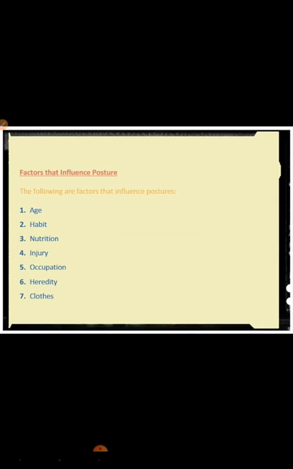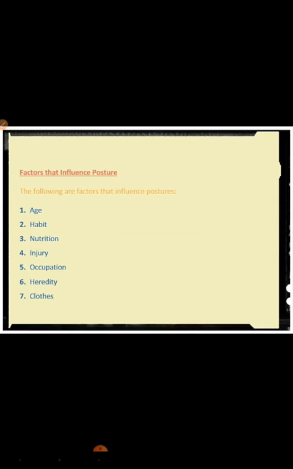Number 3 is nutrition. Long-standing nutritional deficiencies or inadequate diet will also determine your posture. The next one is injury. Accidents affecting the backbone, that is the vertebral column, or limbs can also influence the posture of an individual.